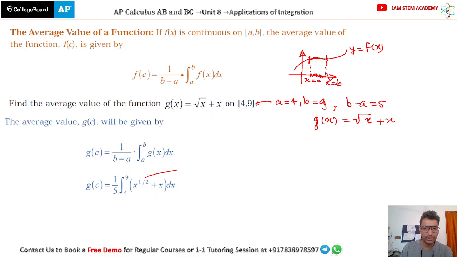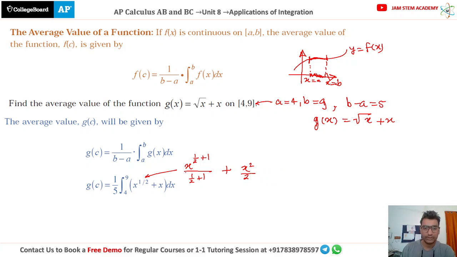Now for x raised to the power 1 by 2, its integral is: increase the power by one, so half plus 1, divided by the same power, half plus 1, 3 by 2 basically. Plus the integration of x is simply x squared by 2. Then you would add plus c, the constant of integration, but since it is a definite integral, we don't need to add the constant of integration in this one. So in this case, you can remove this.